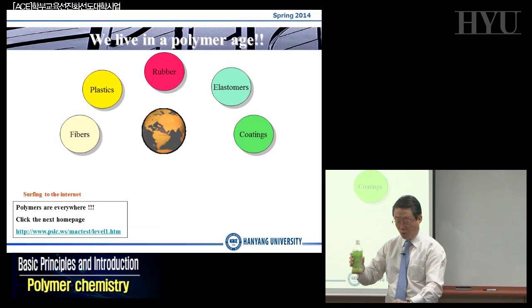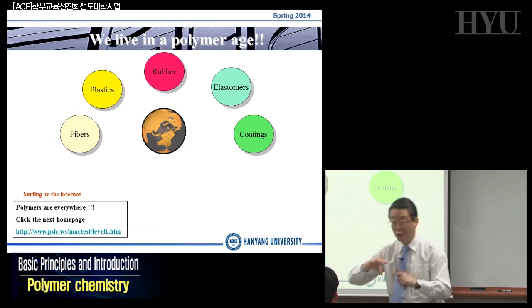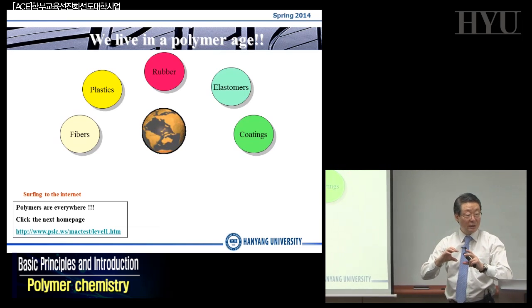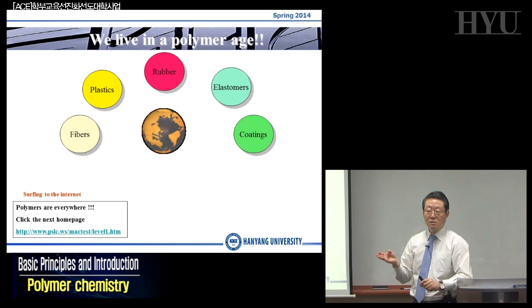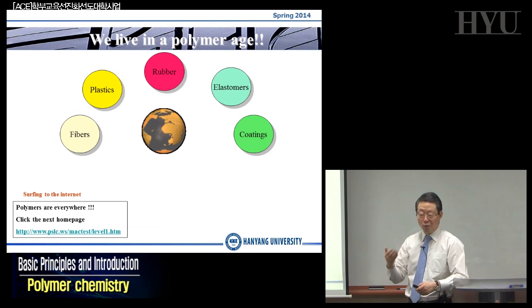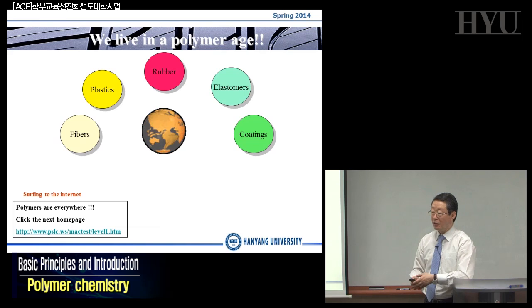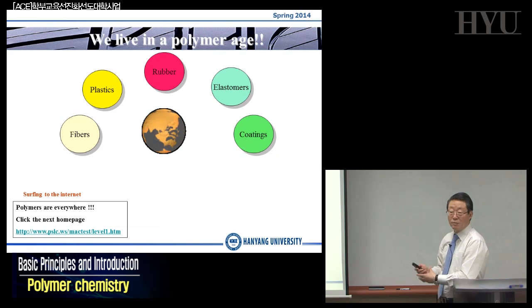Coating will alter or change the characteristics of the surface. Before the coating, the plastic was not able to be coated because of the hydrophobicity. But if you change the characteristics of the surface, then it could be coated with the inks. Okay? Anyway, I think we can talk about it later, but coatings are also a type of polymer.